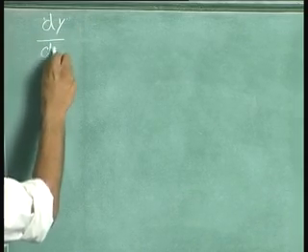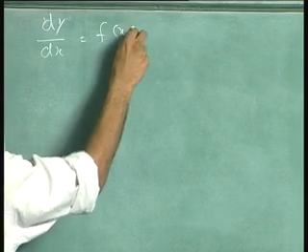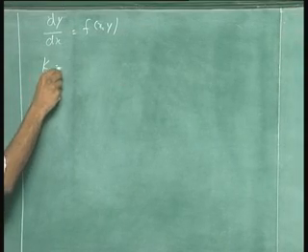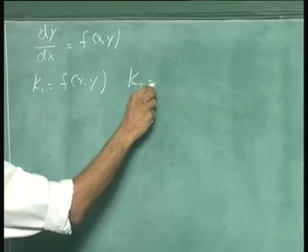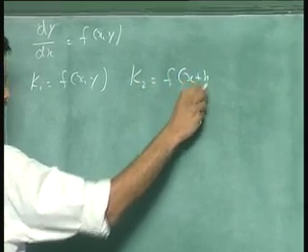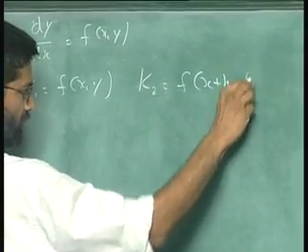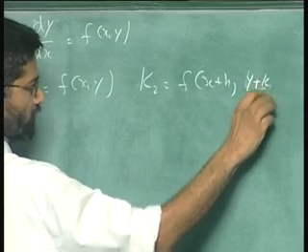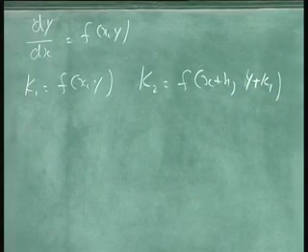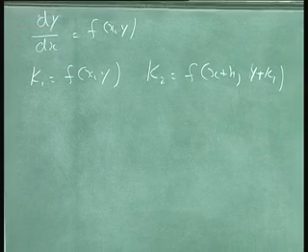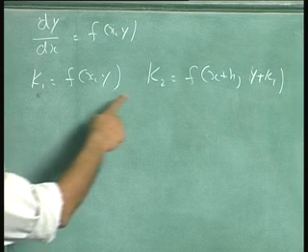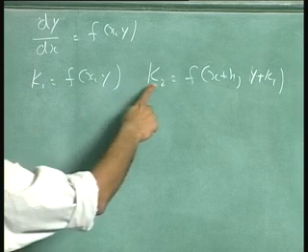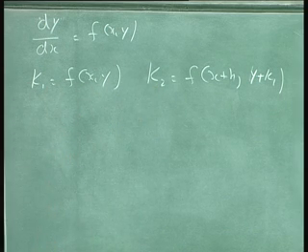When we write dy by dx as f of x comma y, our k1 was f of x comma y and k2 was f at x plus h and y plus k1. Okay, so that's what we had written as k2. So now we do exactly the same, but now there are two such equations. So we have to write ky1 and ky2 and kz1 and kz2. That's all we have to do here.